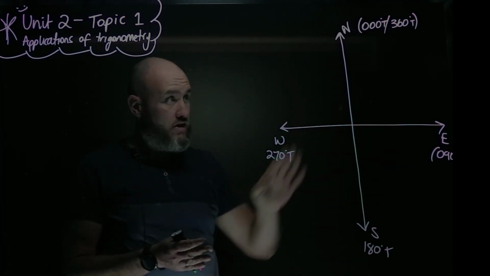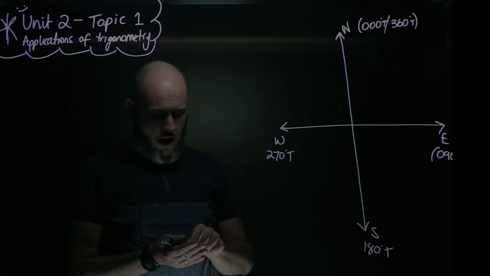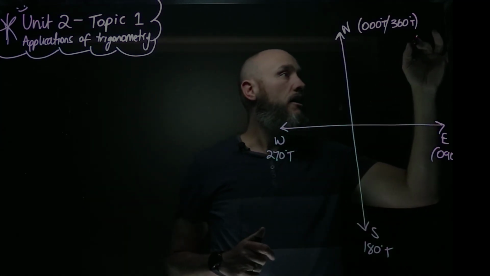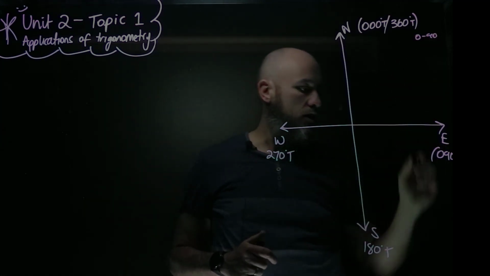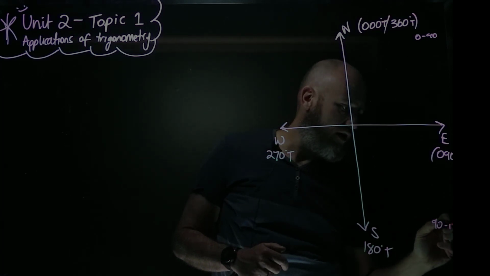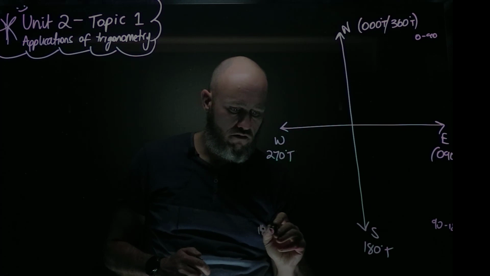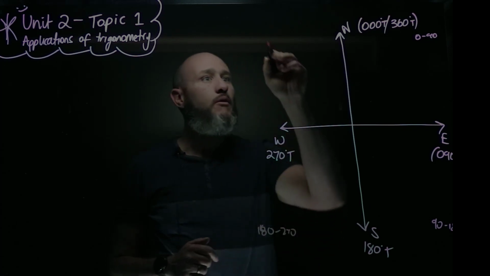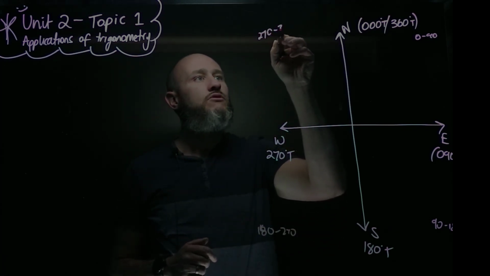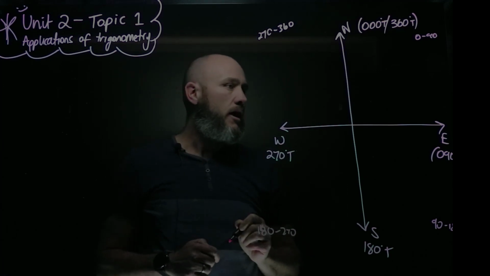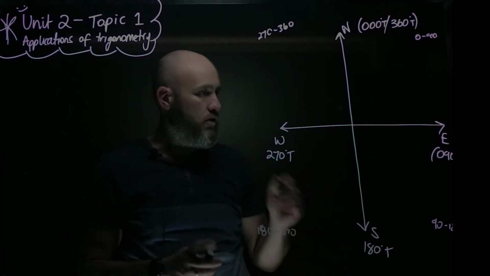Anyway, because the bearing is measured from north around, we have all of our bearings from 0 to 90, and then all of our 90 to 180 bearings, and all of our 180 to 270 bearings, and all of our 270 to 360 bearings there. And so I'm going to plot some bearings now for you.